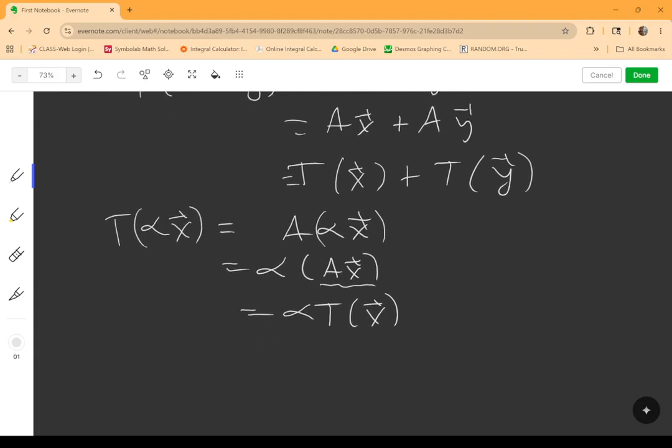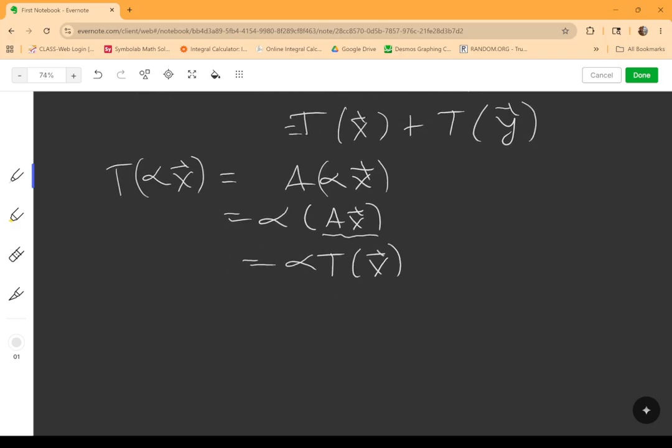So we can see that it preserves the scalar multiplication and the addition across the transformation. So secretly, all those matrices that we've been working with are actually representing linear transformations.